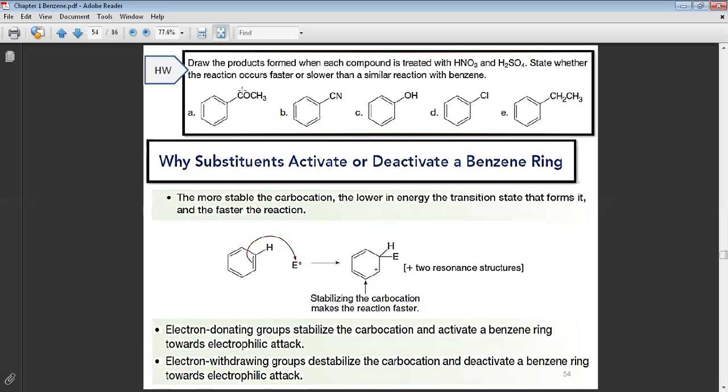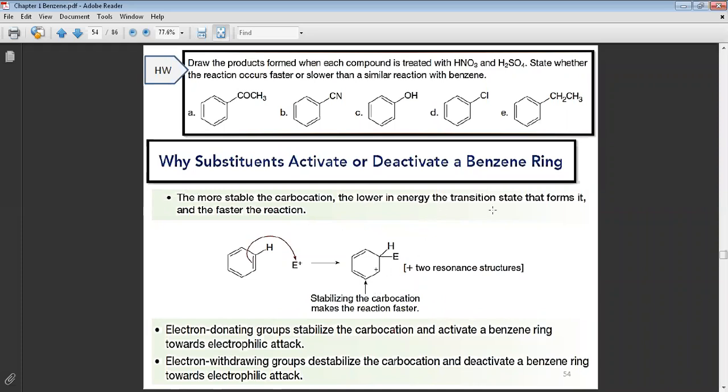He said here: why do substituents activate or deactivate the benzene ring? We will take all the resonance structures and we can know why it will activate or deactivate the benzene ring. Look here, the more stable the carbocation, because we have a carbocation, yes? The more stable the carbocation, the lower in energy the transition state.